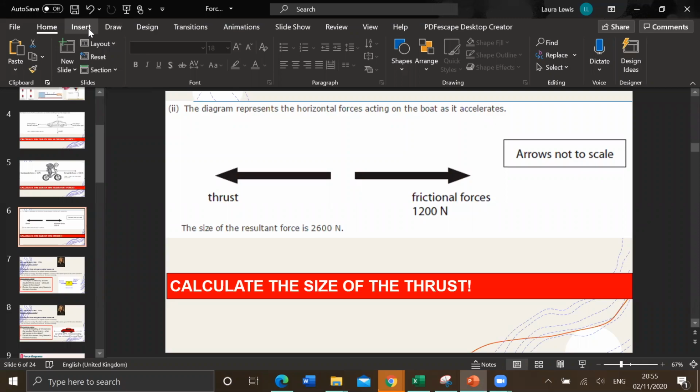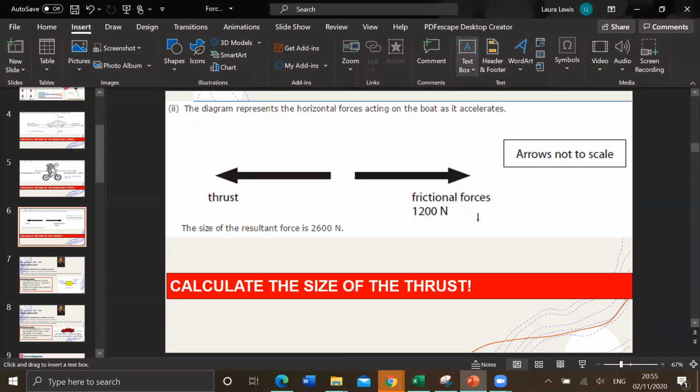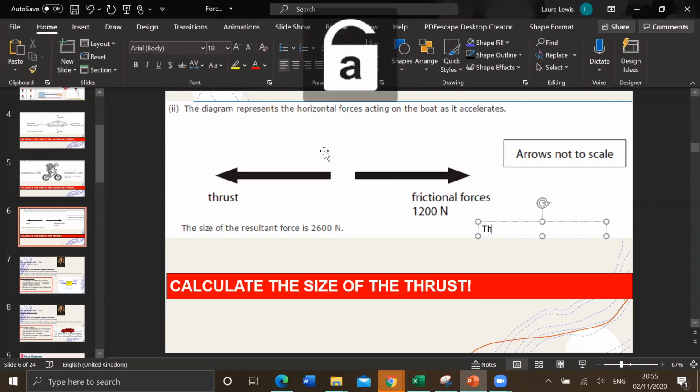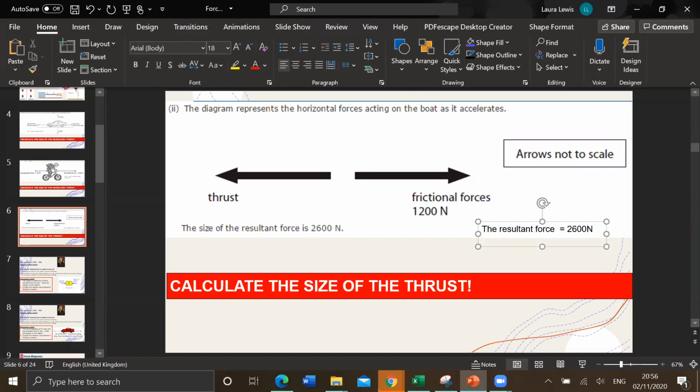Let's get a text box. So we're told different things. We're told the resultant force. Let's write that down. So resultant force equals 2,600. That's the overall force. Resultant means overall.